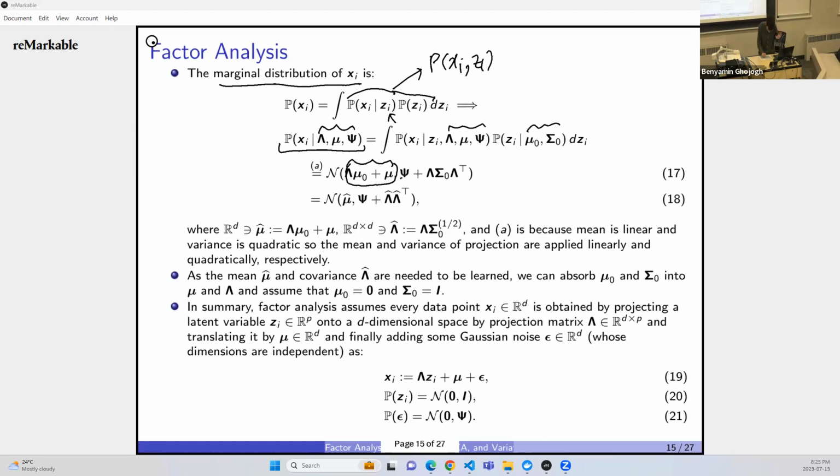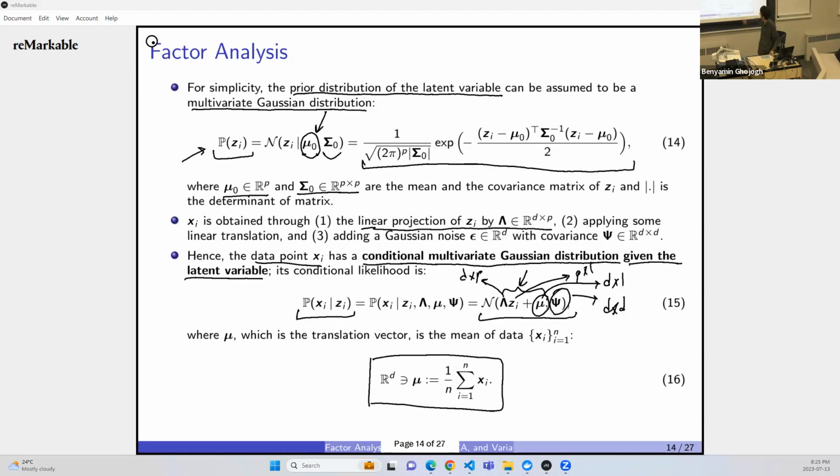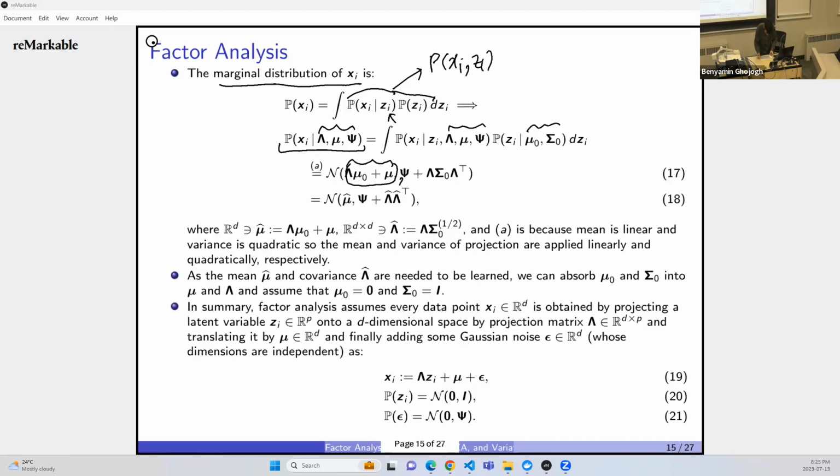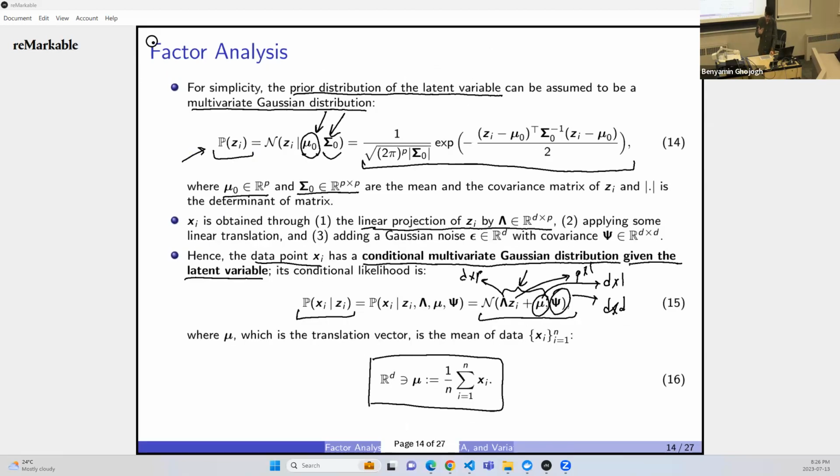What happens to my covariance? I had some psi here. Also, it has some additional covariance, and that will be lambda sigma 0 lambda transpose. Why? Because I had sigma 0 as the covariance of Zi, and I know covariance is quadratic.